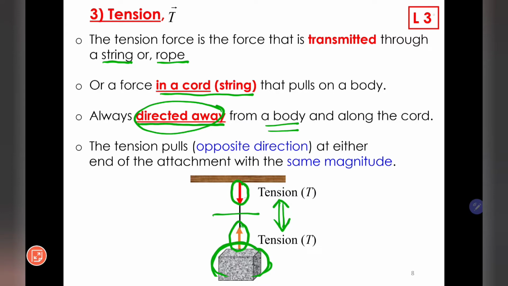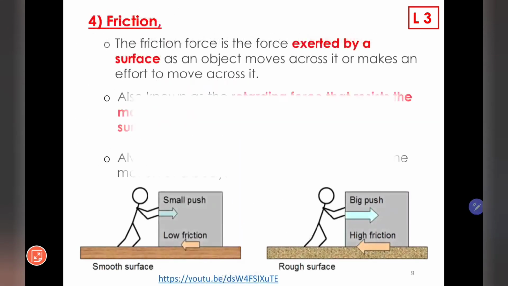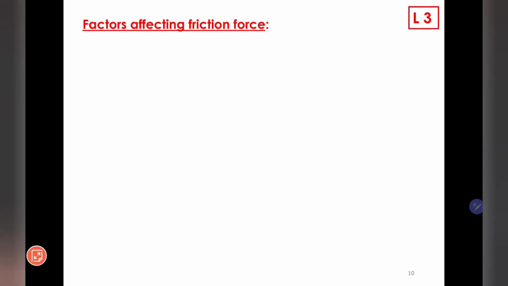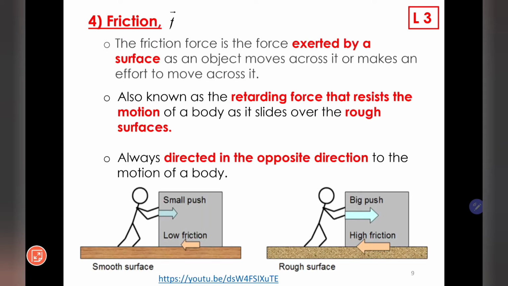The next force given is friction, where the symbol of friction is small f. Alright, so what is friction? The friction force is the force exerted by a surface as an object moves across it or makes an effort to move across it.